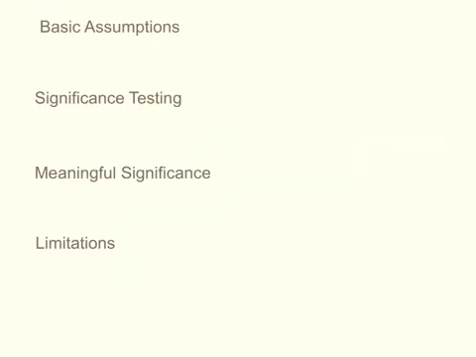Now, here's pretty much the major differences. The basic assumptions for correlation and regression start in the same way, in that we both need interval or ratio variables, for both our predictor and our criterion variables. Regression will eventually need more, especially as we move up into multiple regression.